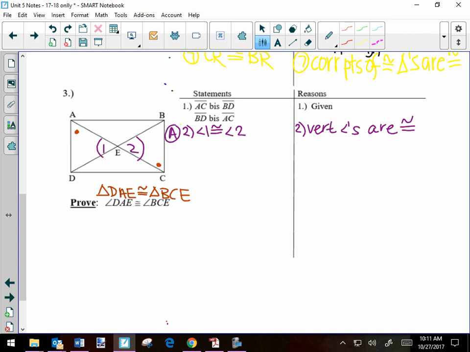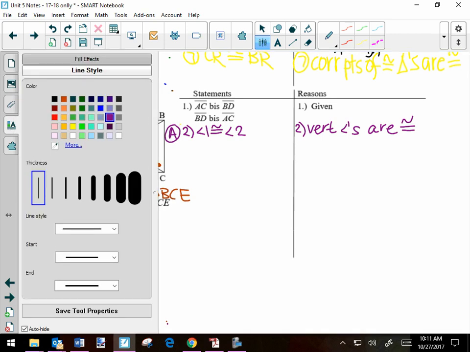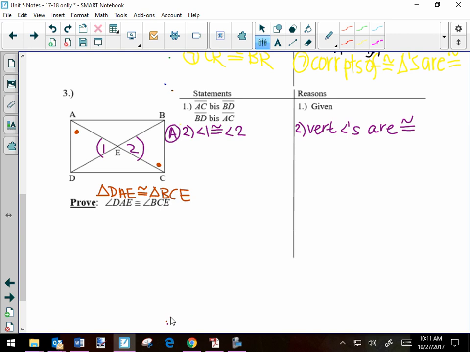When you have it written that way, what that means is that this segment is the one that's getting the midpoint. So if I'm looking at segment BD, where AC crosses it, which is at point E, that tells me that E is going to be the midpoint of BD. So I'm going to go to line 3 and say that E is the midpoint of BD.